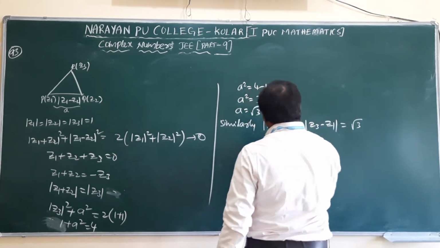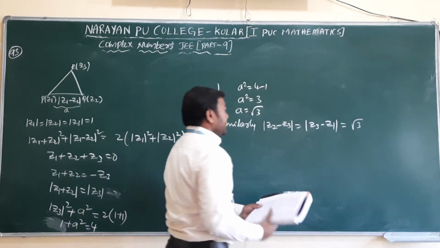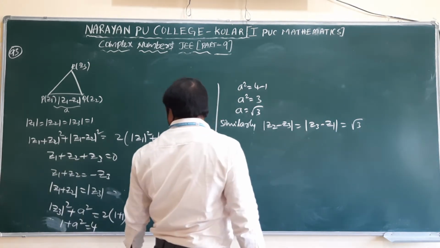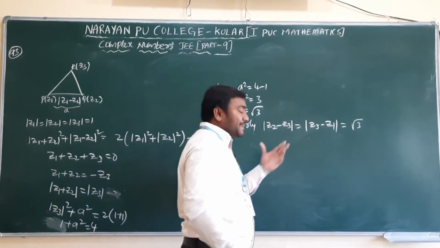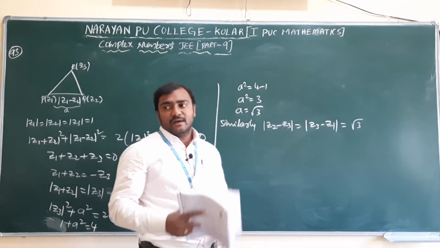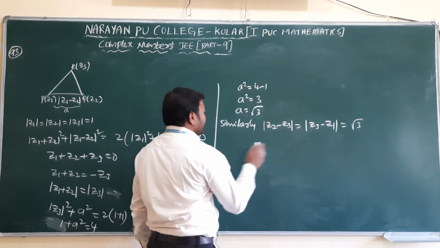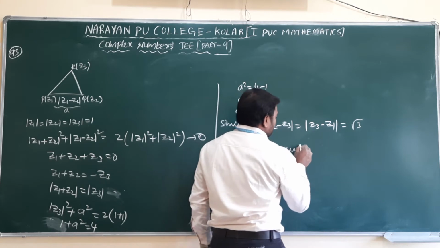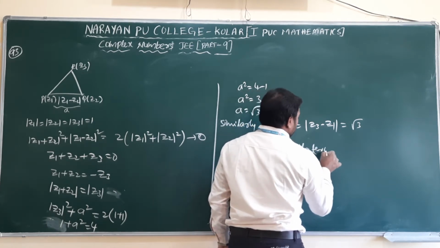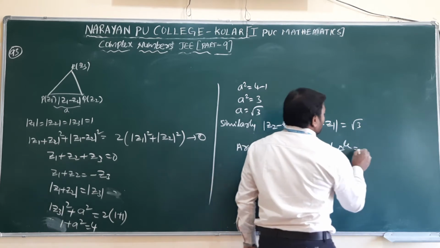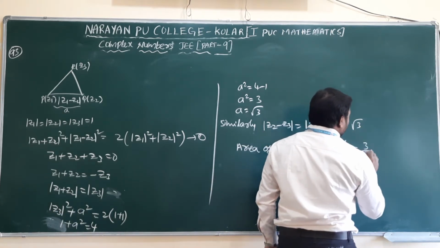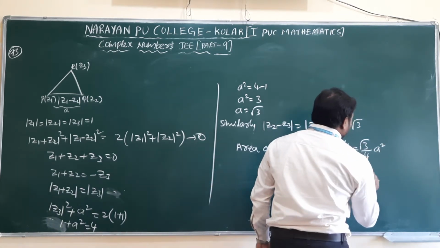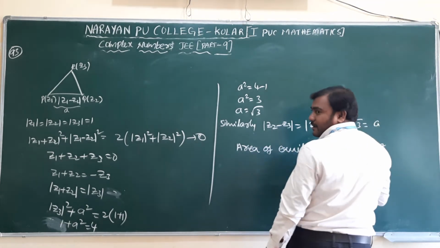In the same manner we have to do this also. Therefore, here the modulus of z2 minus z3, modulus of z3 minus z1 and the modulus of z1 minus z2 are equal. So it is an equilateral triangle. Therefore, the area of the equilateral triangle is root 3 by 4 into a square.